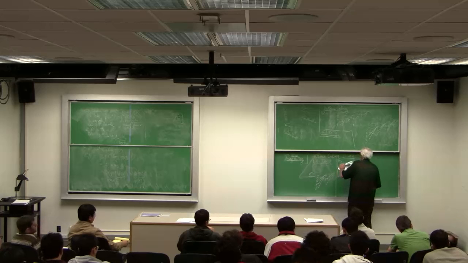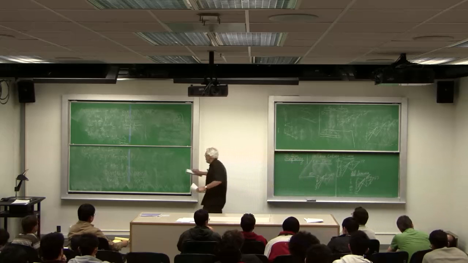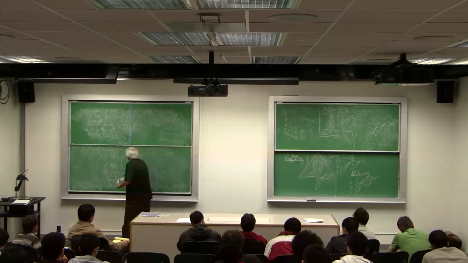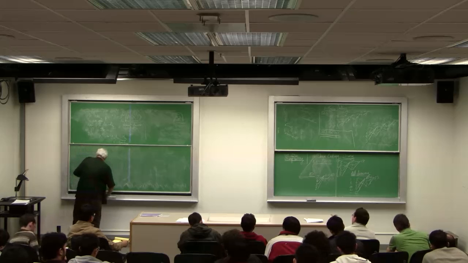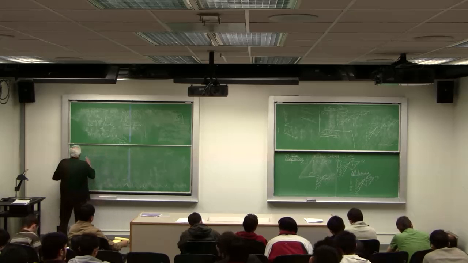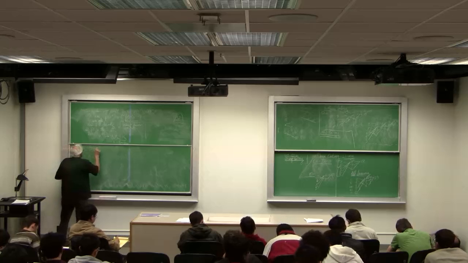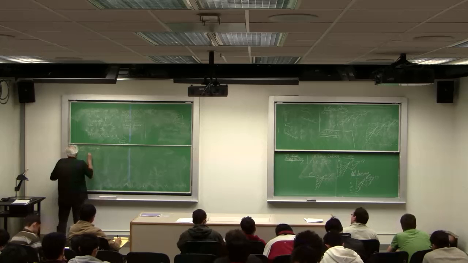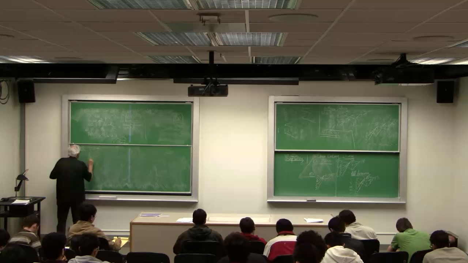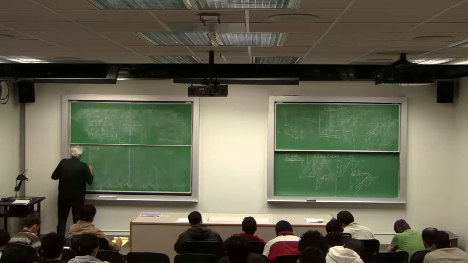Now here's another example for D equals 4, a 4-ary Huffman code. And let's try this: 7, 6, 5, 5, 5.